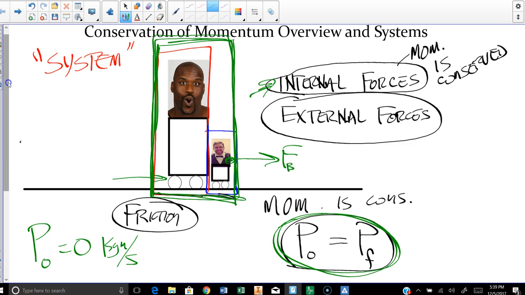Force by Shaq on Wellborn. The Newton's third law force that goes with that, which would be the same, so I should really make sure that I draw it at least looking somewhat the same. This force by Wellborn on Shaq is going to be exactly the same.